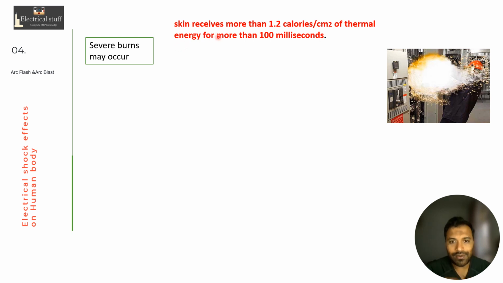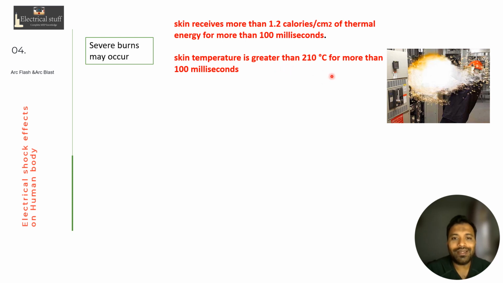Our skin receives more than 1.2 calories per centimeter square of thermal energy for more than 100 milliseconds. If our skin receives 1.2 calories per square centimeter for 100 milliseconds, your skin burns. Or else we can say 210 degrees applied on your skin for 100 milliseconds, and your skin burns.